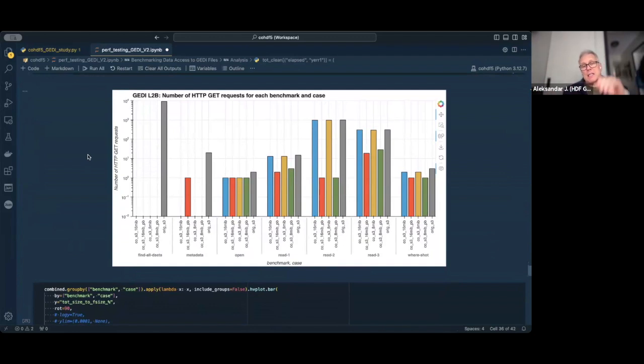So what I'm showing here basically is how many HTTP requests, which are data read operations, were issued by the driver for different benchmarks and different cases of the file. Obviously, now I'm only looking at the files that were in S3 because local file system, they don't have HTTP requests.